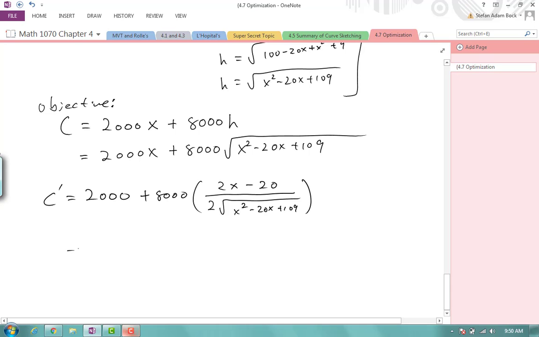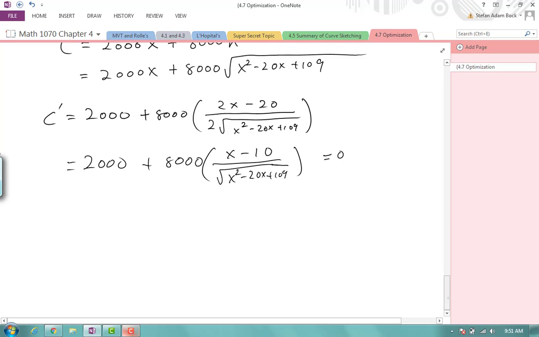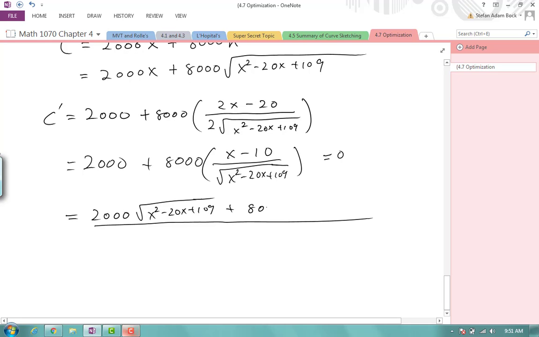I can simplify that slightly by canceling a 2 on the top and the bottom. But I want to take this guy and set it equal to 0. So what I should do is set up a common denominator. So I'll have 2,000 times this ugly square root plus 8,000x minus 80,000 all over that nasty square root.